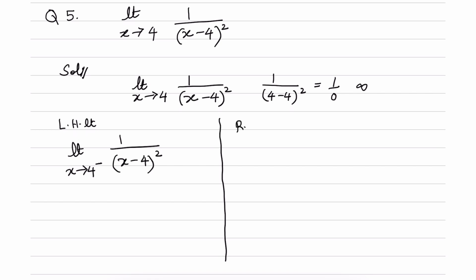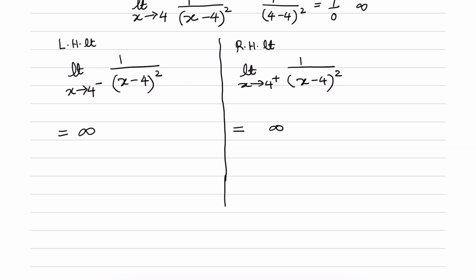And we will find the right hand limit when x is approaching 4 from the right side of 4, and the function is 1 over (x minus 4) whole square. So both answers will be placed as infinity, but later on we will find the right signs of these infinity.